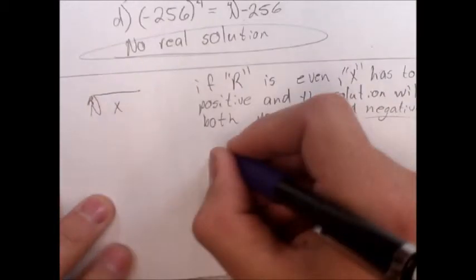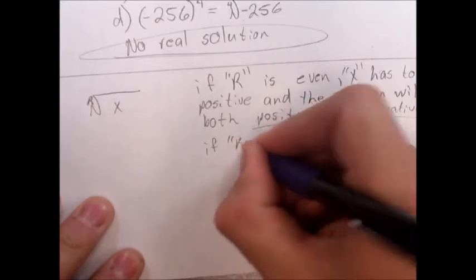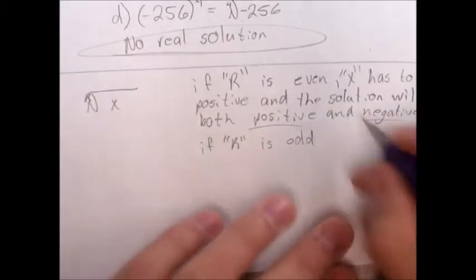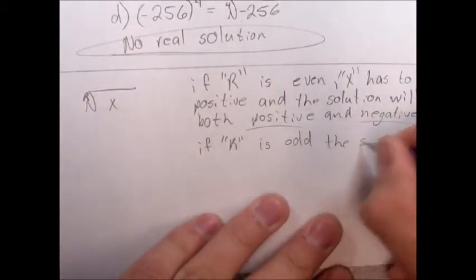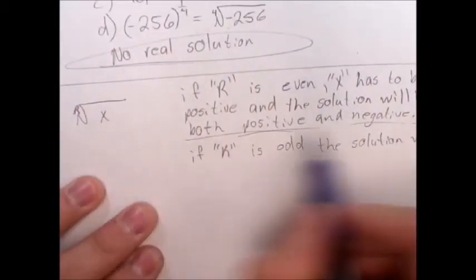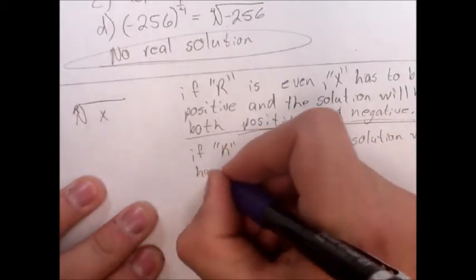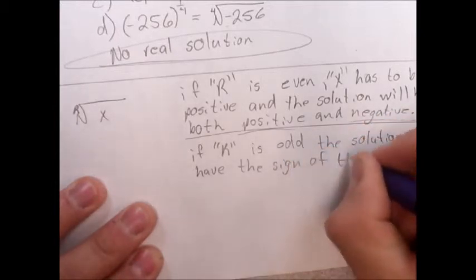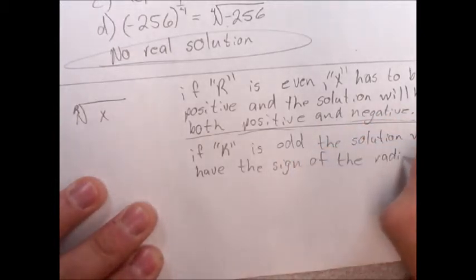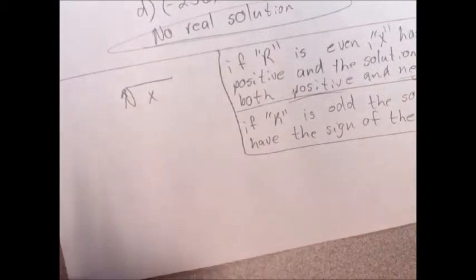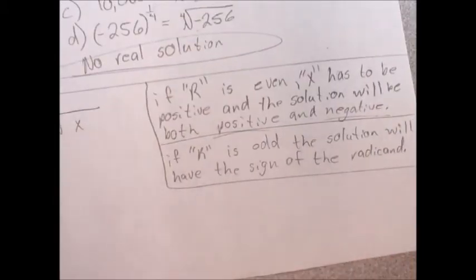On the next part of this rule, if r is odd, the solution will have the sign of the radicand.